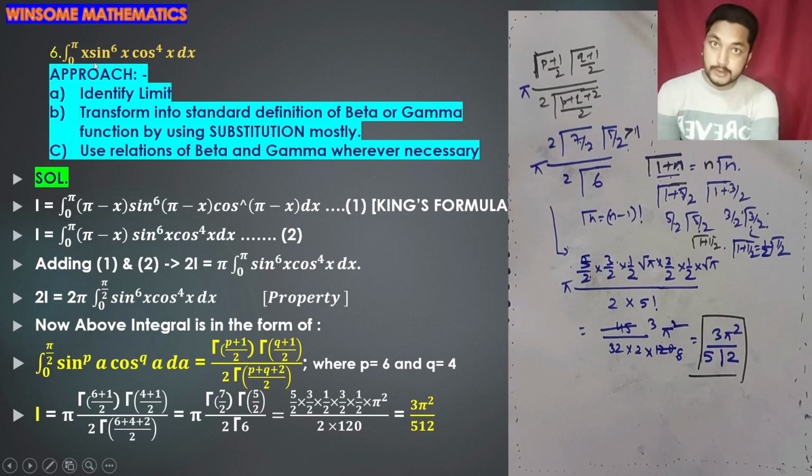Here x is extra without any reason. That's why we removed x by using King's formula. Then we changed pi to pi by 2 by using the property of integration. Okay. So now after using this, it is in the form of this standard form. Okay, so now we can use this relation and solve.